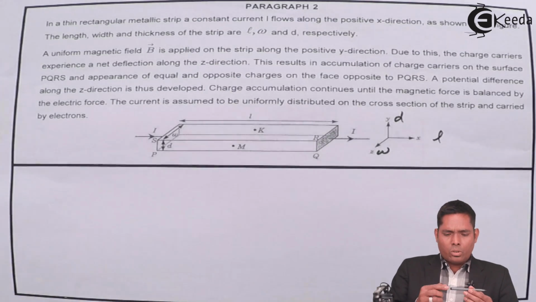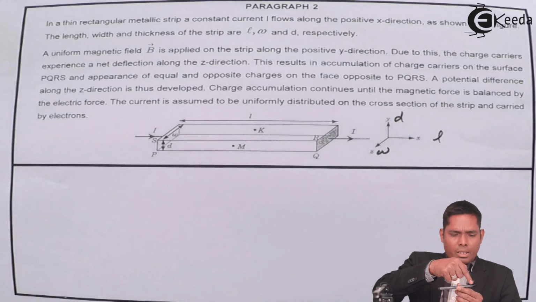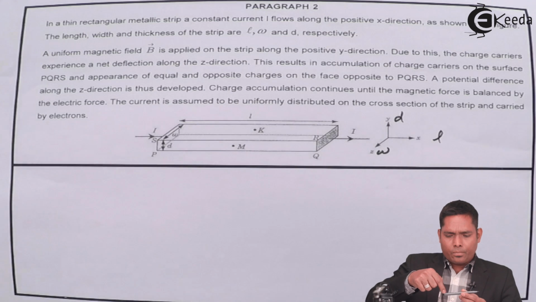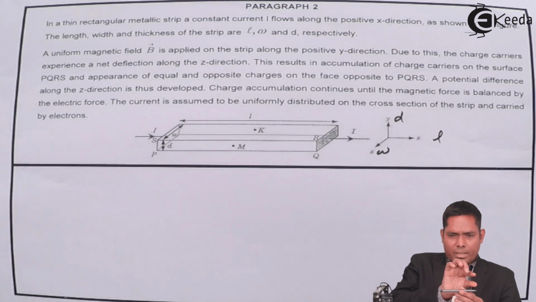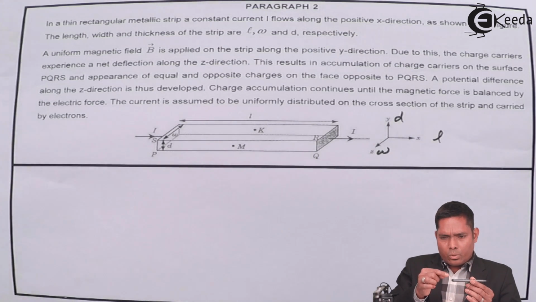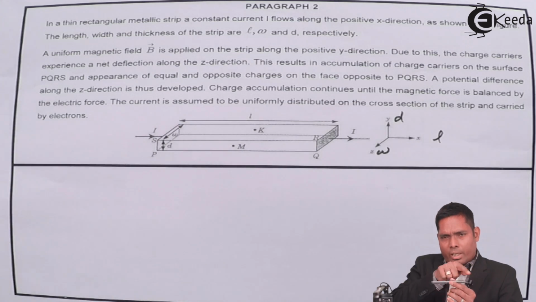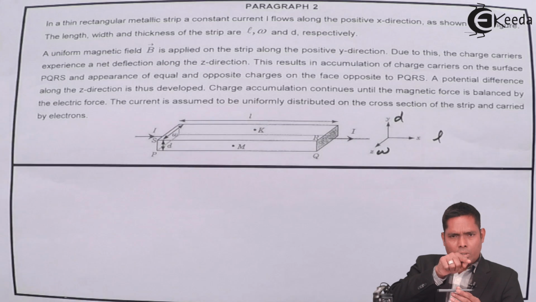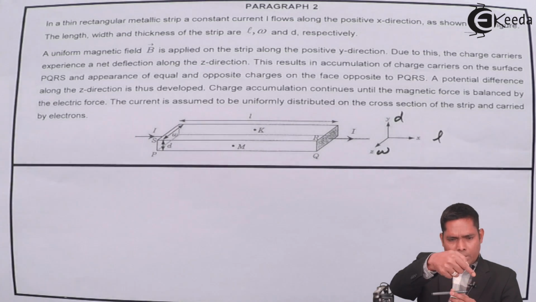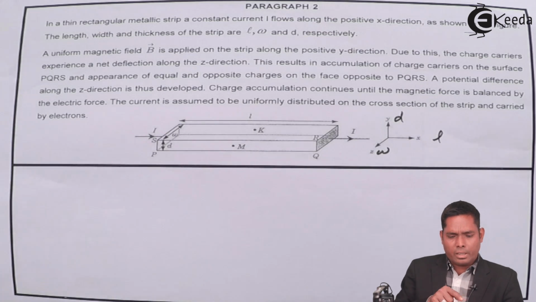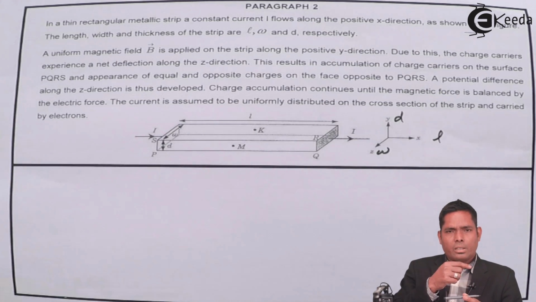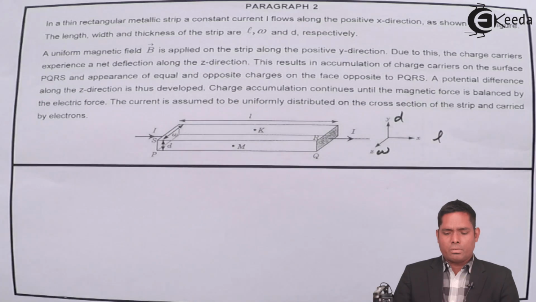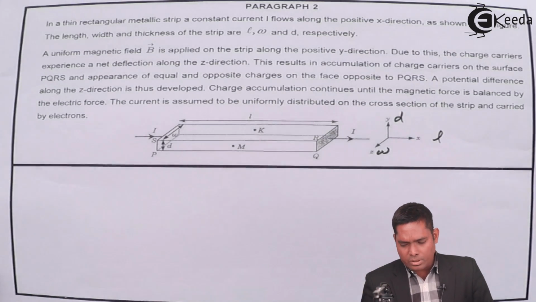So I just explained it like this. A slab is there with some thickness. Along the length is the x-axis, the thickness is along the y-axis, and the width is along the z-axis. This is positive x-axis, and positive z-axis is along this direction.